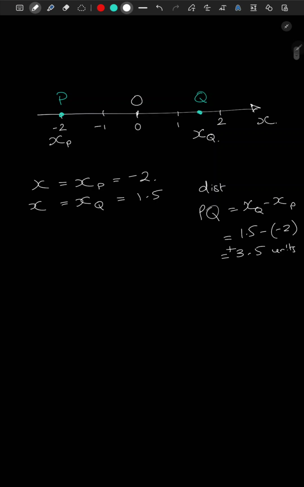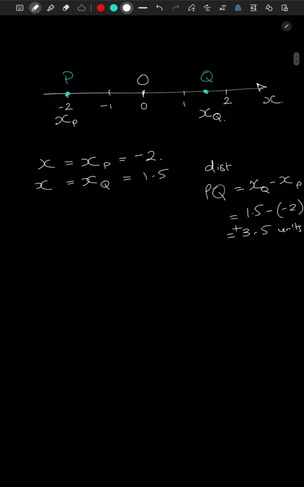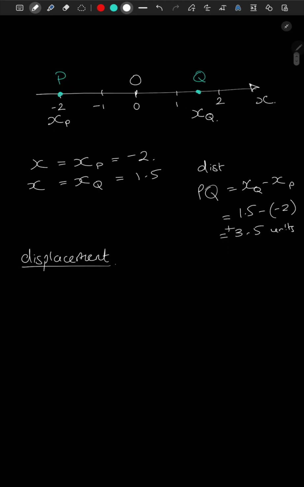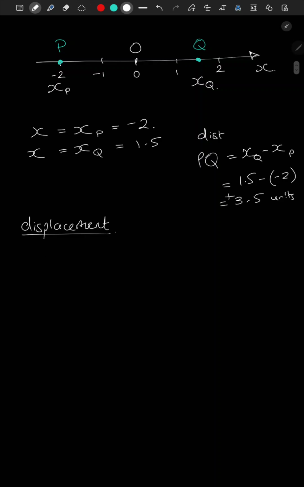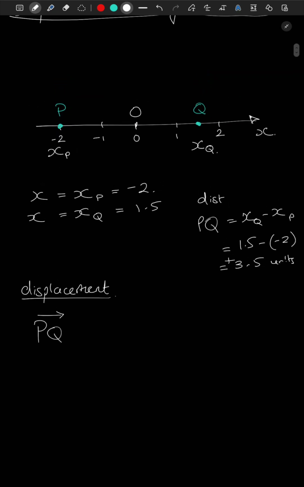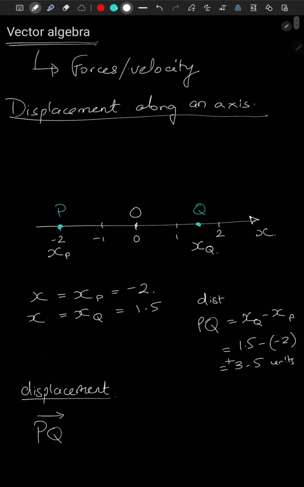Okay. Now, let's calculate displacement. So to calculate displacement, we have to introduce a vector. So PQ with an arrow to represent a vector quantity. So PQ is a vector from P to Q. So from P to Q, this is vector PQ.